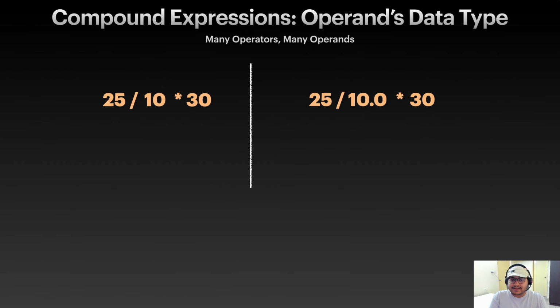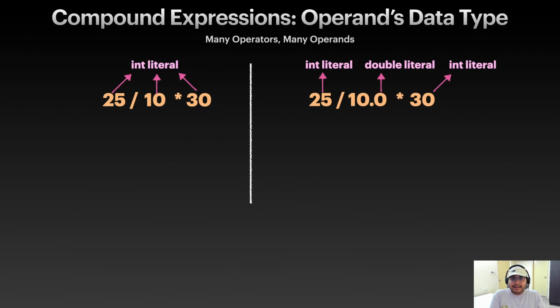Let's look at another example. 25 divided by 10 multiplied by 30. In the first case, all three values 25, 10, and 30 are literals of data type int. Whereas in the second case, 25 and 30 are literals of type int, but 10.0 is of data type double. We will solve both of these expressions in the exact same way that Java prefers, that is division first followed by the multiplication operation.